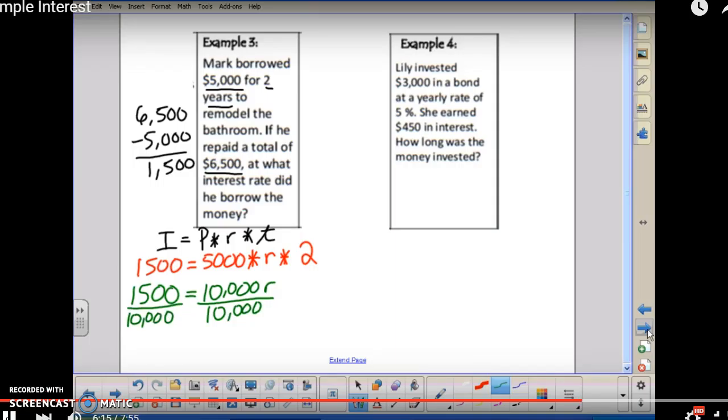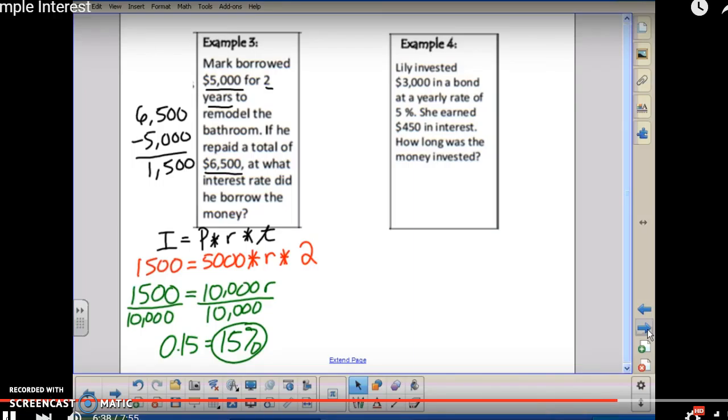And we're going to end up with R equals 0.15, which changes into 15%. So it was a 15% rate that he borrowed the money at.